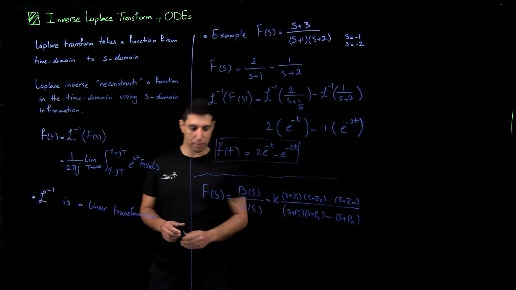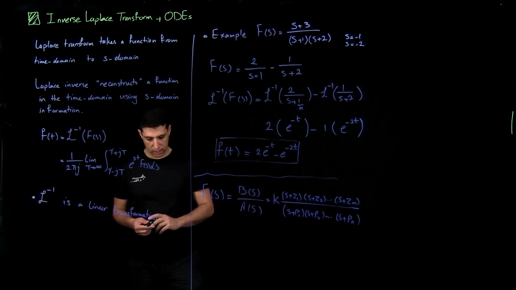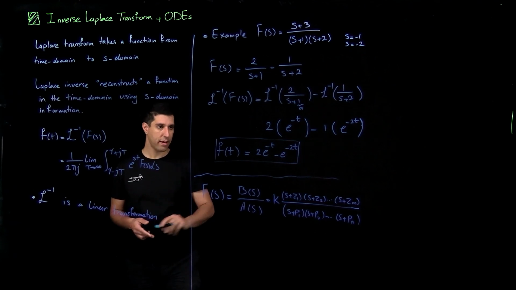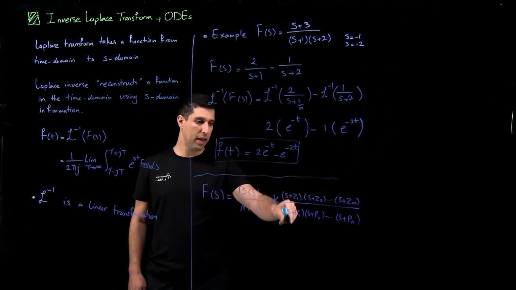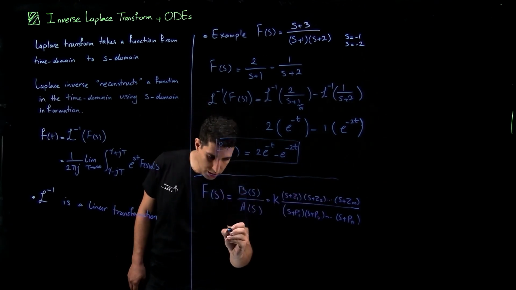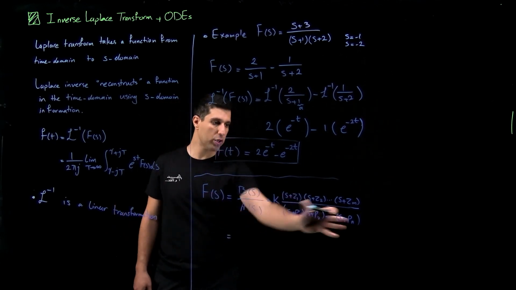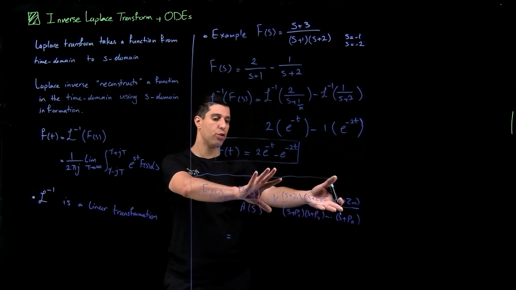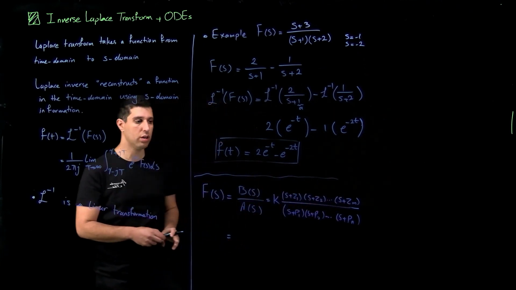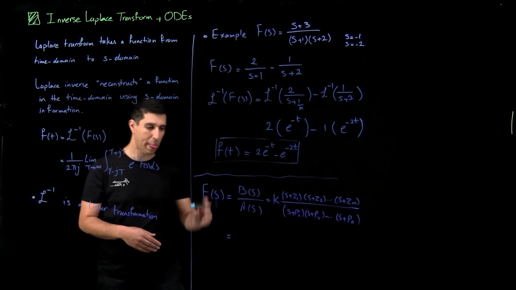The next step that we have to take is make this form into something that is more manageable. We usually don't have a general form of this form. We can't find it in our table.